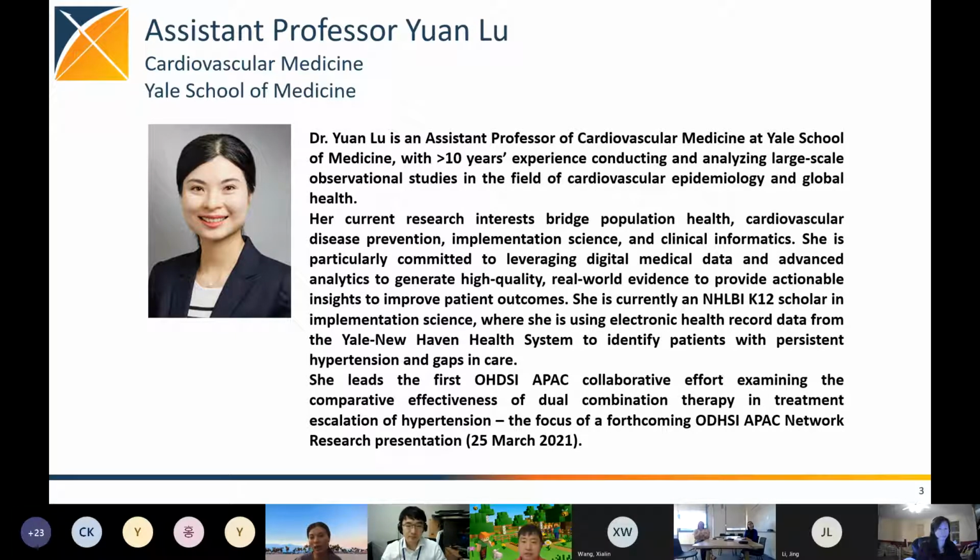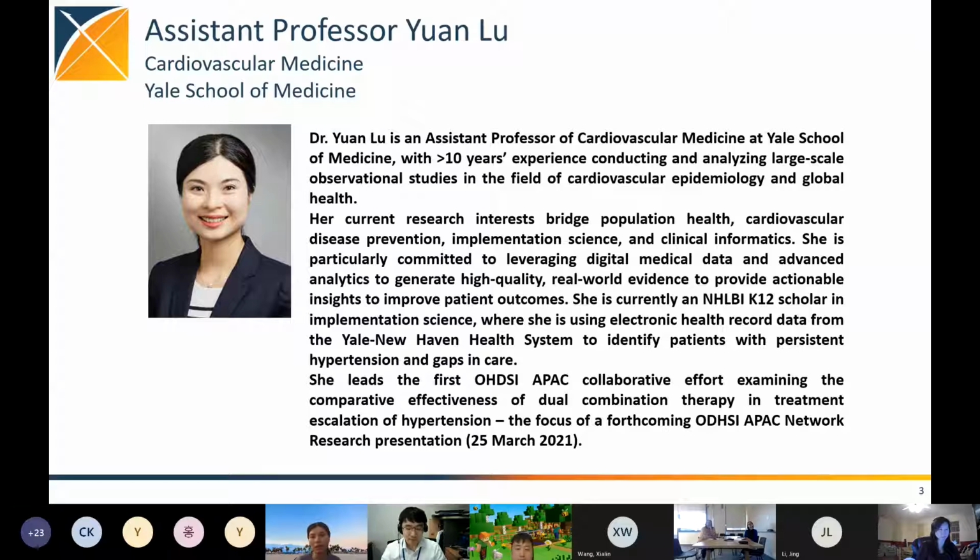So it's really a nice opportunity, and I feel a great honor to be able to work with the OHDSI team and MUI and all the other data partners on this project, focused on hypertension and trying to compare different second-line antihypertensive agents using the data sets from the Asia Pacific countries.